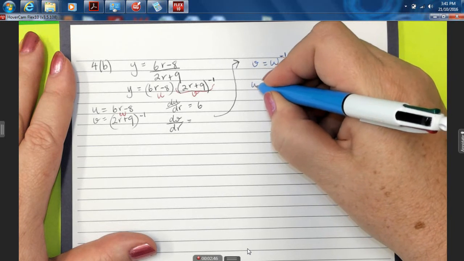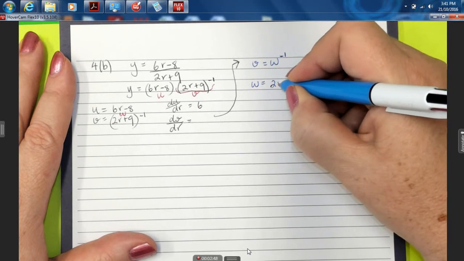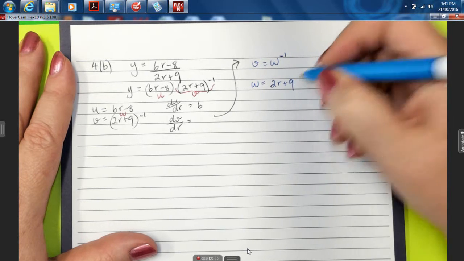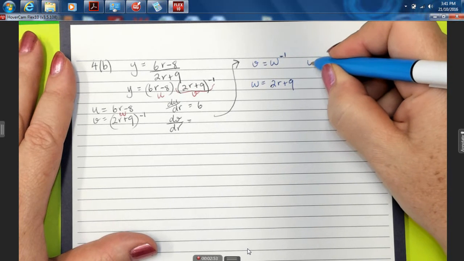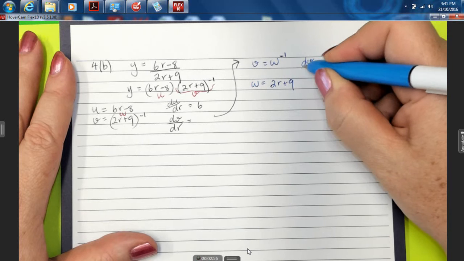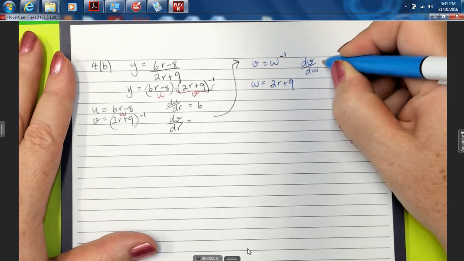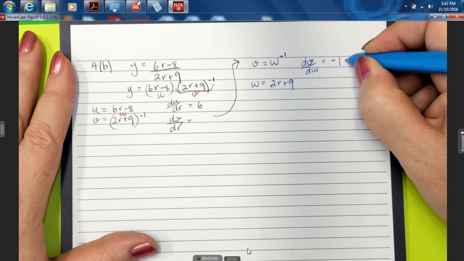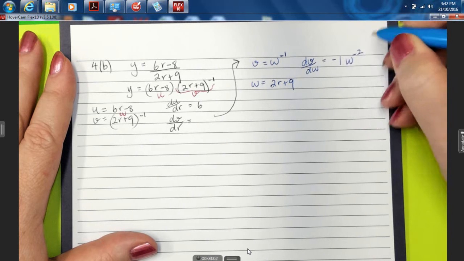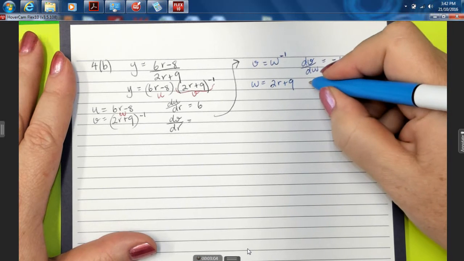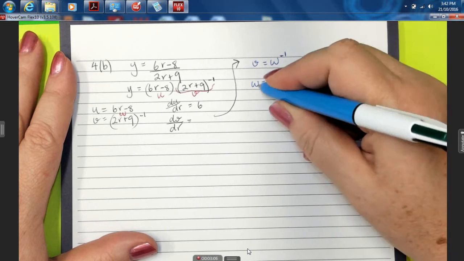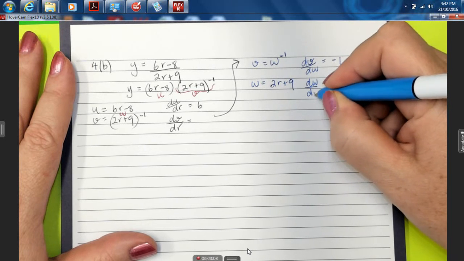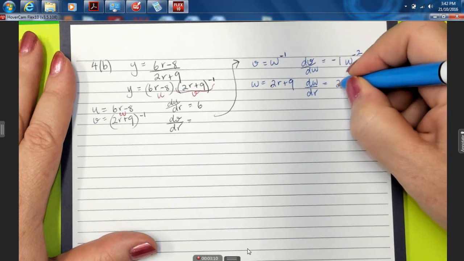Our inside function is called w, and it has r's in it. So the derivative of a function called v that has w's in it is negative 1 w to the negative 2, decreasing our power by 1. And the derivative of our function called w that has r's in it is 2.